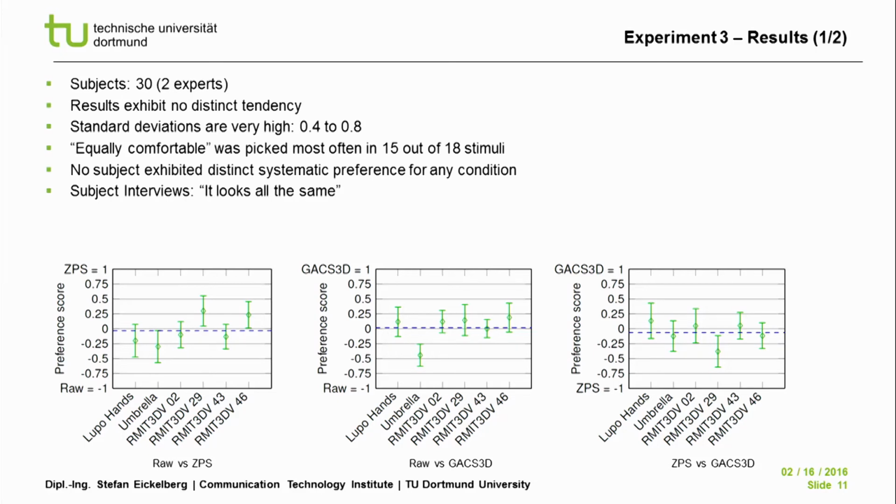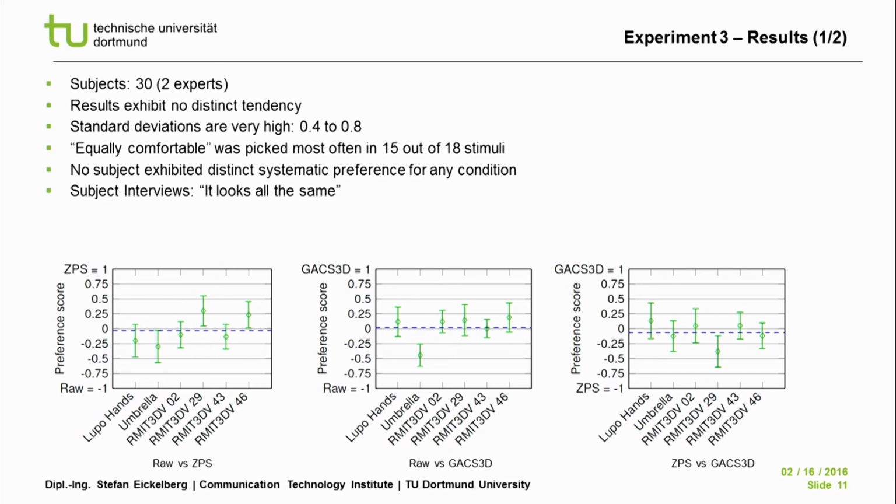So we had a look at the statistics, and we found that the standard deviations are very high. And if you see that here, 0.4 to 0.8 is pretty high, seeing that the maximum value is 1. Furthermore, no subject exhibited any clear systematic preferences for any condition.